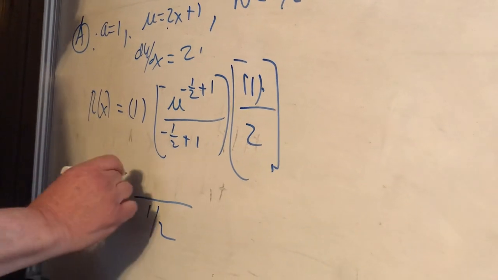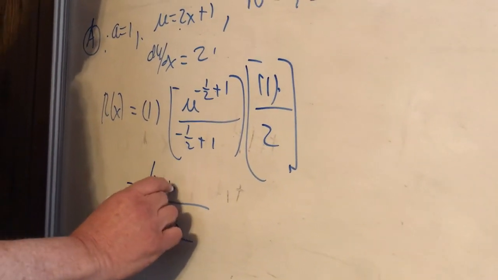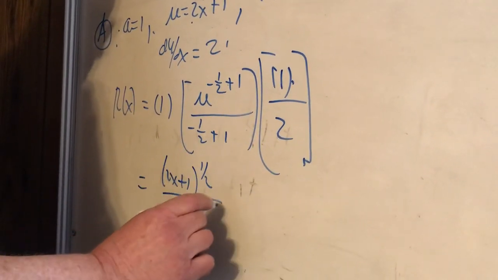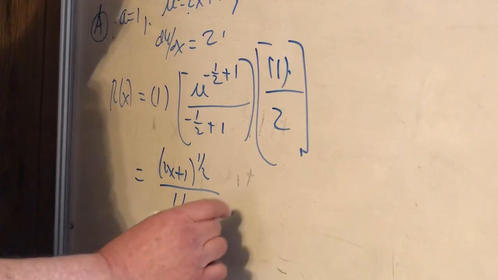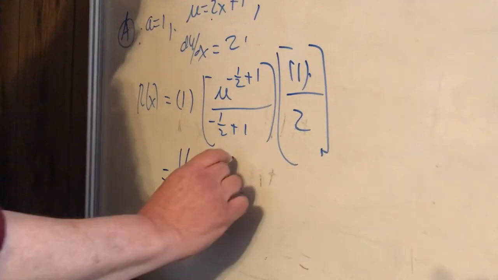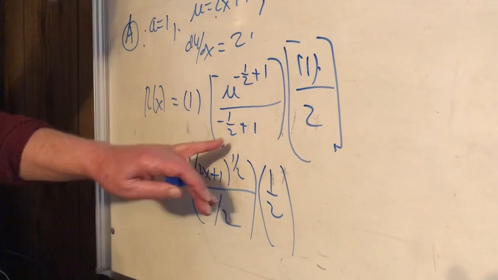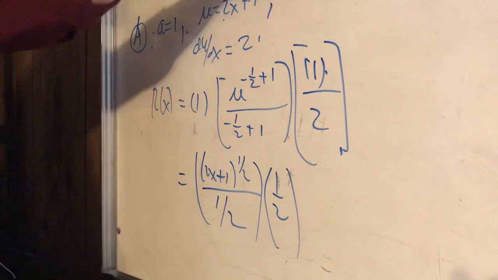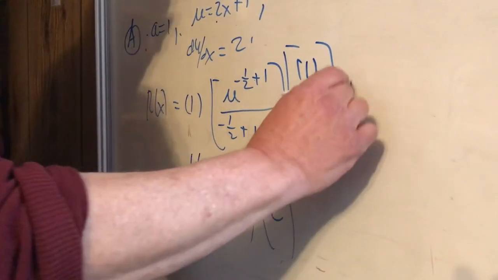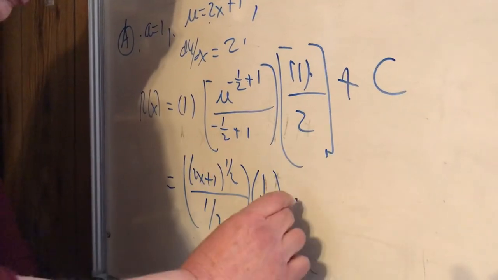We'll bring back the u, (2x plus 1) to the 1/2, times 1/2, right? That comes from f of x over du/dx. That's going to be plus c, right?